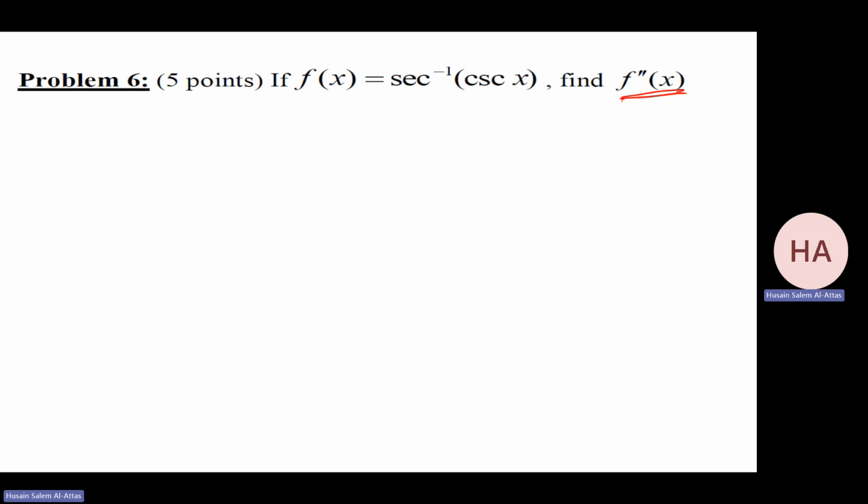Secant inverse of cosecant x, and he wants f double prime. Interesting. Let me do f prime, which will be what? Over the absolute value of cosecant, the square root of cosecant square x minus 1. This is the rule. Derivative of cosecant, which is minus cosecant cotan.